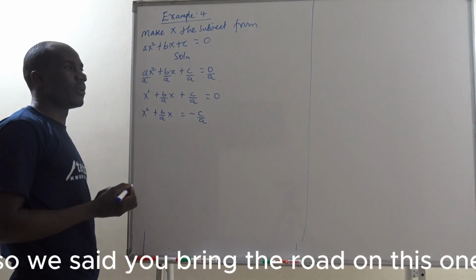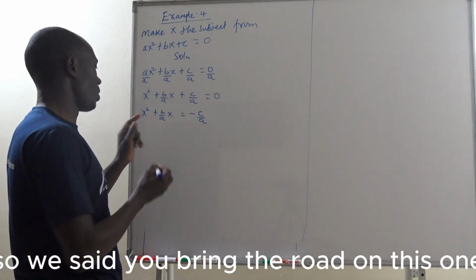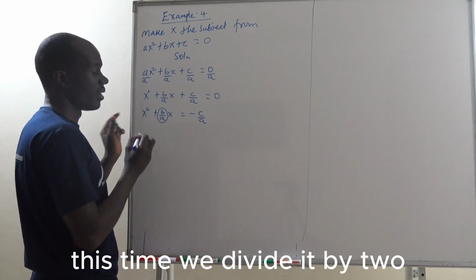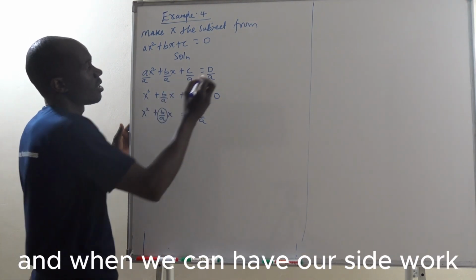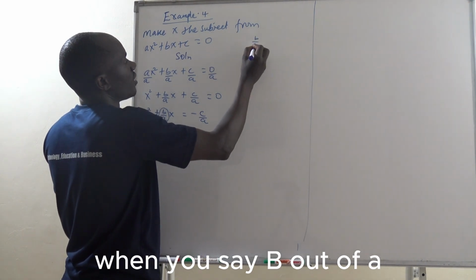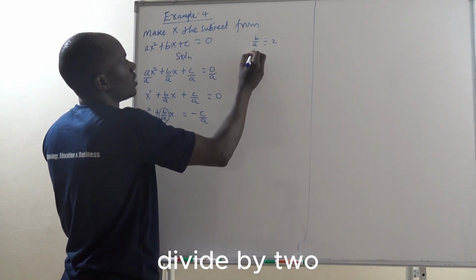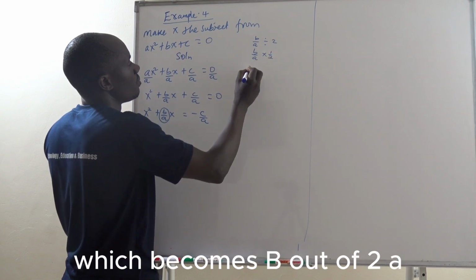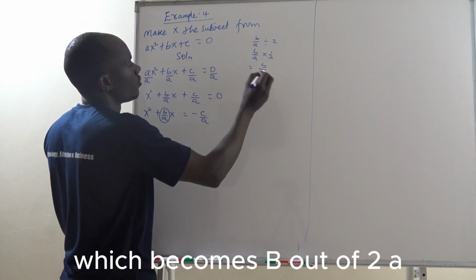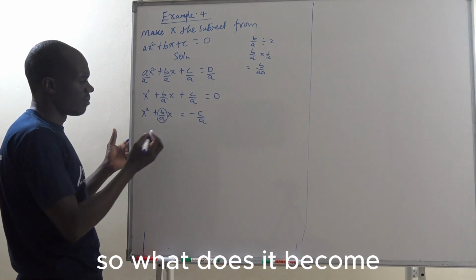So we said we bring the rule on this term: we divide it by 2. When you say b out of a, divide by 2, it becomes b over a times 1 over 2, which becomes b out of 2a. So what are we going to write?